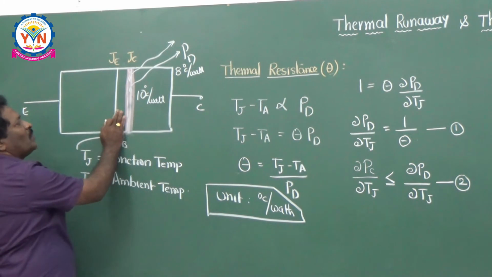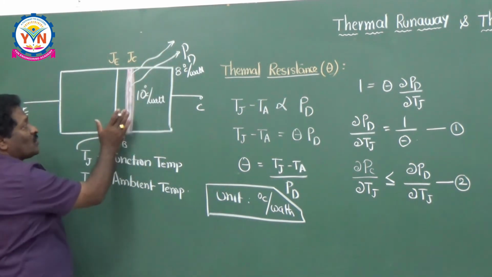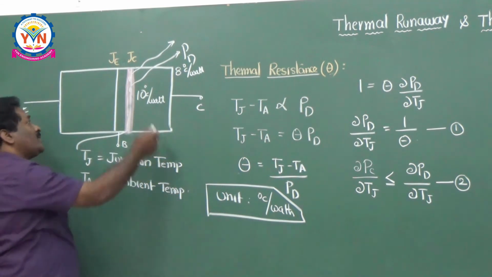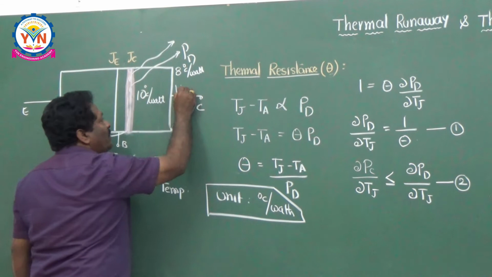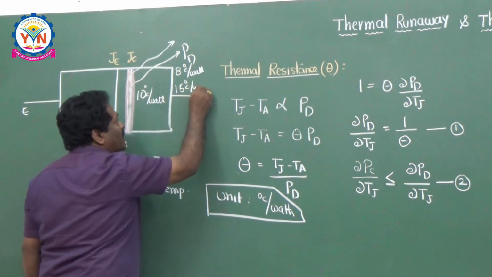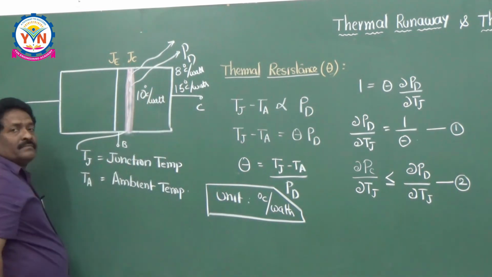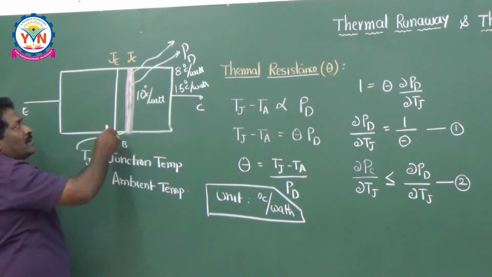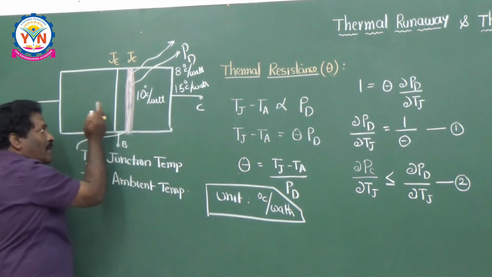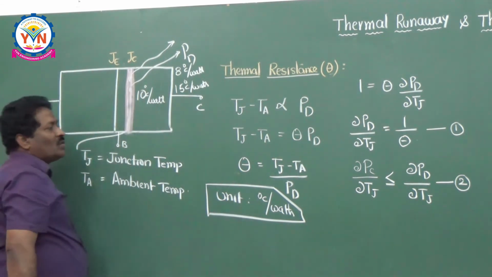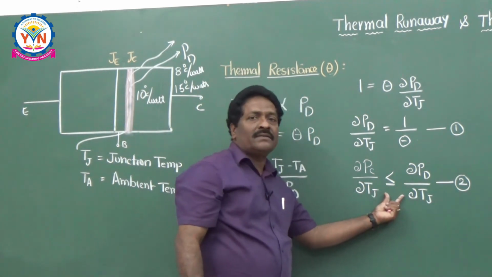So, generation is more, dissipation is very less. It is a dangerous condition. The transistor is going to be damaged. Suppose the 10 degrees centigrade for watt is actually generating and 15 degrees centigrade for watt is actually going to the surroundings, then it is the safest condition. The meaning is very simple. The rate of power dissipation should be more compared to the rate of power generation at the collector. That can be explained by this equation.